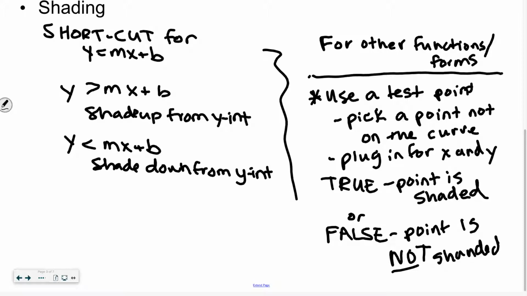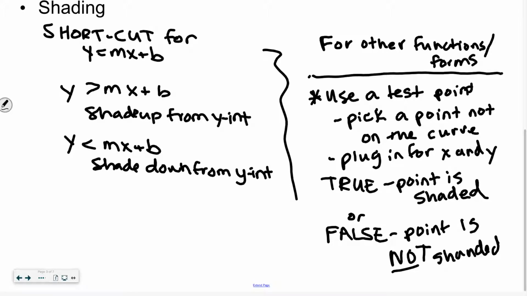You could even do that with a line, where I might test the point over here on the sideboard in quadrant 4. Well, this would come out to be false. So this point should never be shaded, so I have to shade on the other side of the line. So that's using a test point.